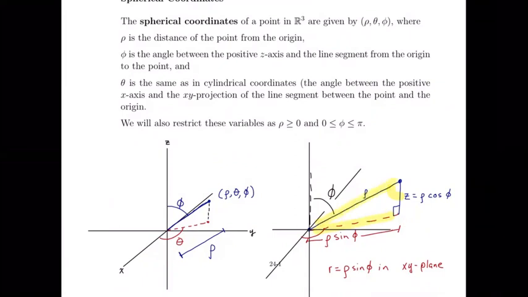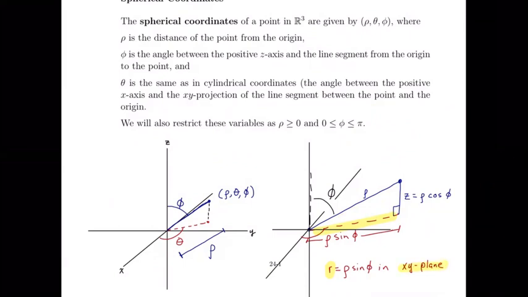If we solve for this leg, the red dotted line, we get rho sine of phi. So that's the leg of this triangle that's standing up on top of the xy plane. Now, we know that this red line represents r in polar coordinates. That's how we'll translate this a little further back to xyz coordinates. This is polar coordinates in the xy plane.